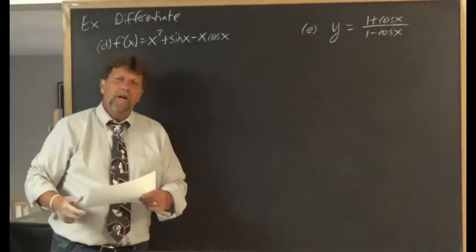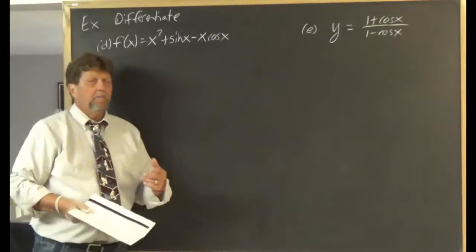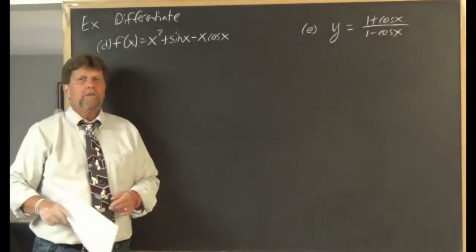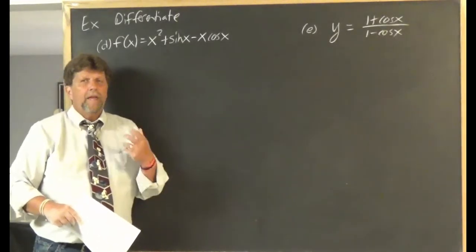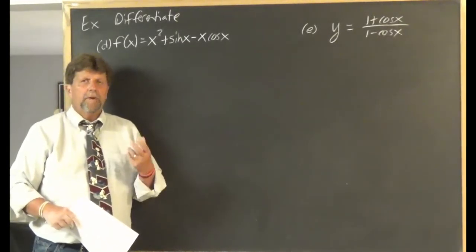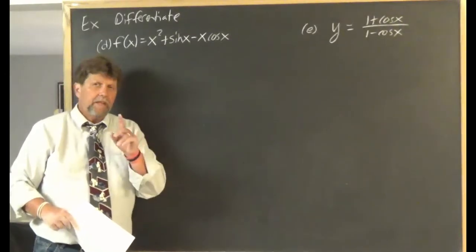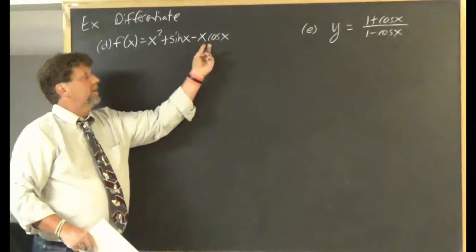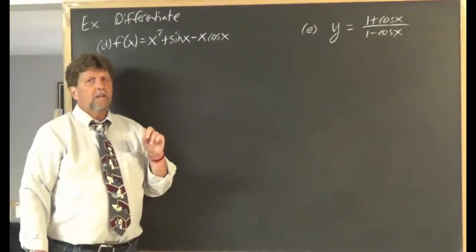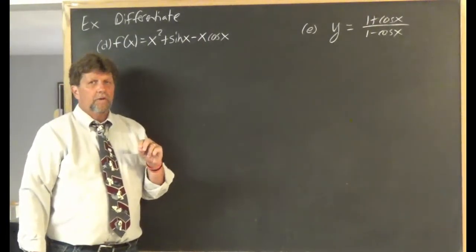And you know what? I'm going to ask you to pause the video, and I would like you to do these two parts. And when you've done them, restart the video, and I'll be here at the board working through them to make sure you have a correct answer. And let me give you a word of warning. Part D, x cosine x is going to require the product rule.